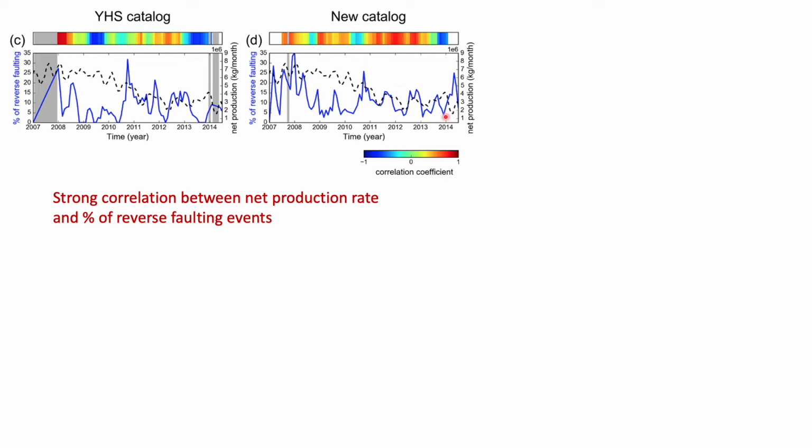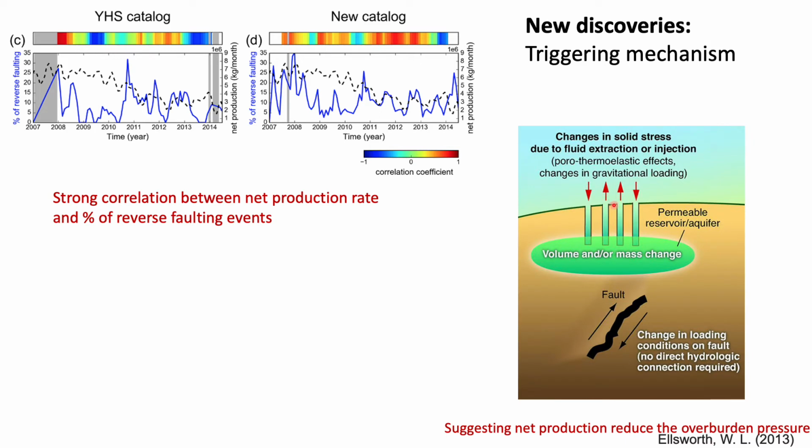The new catalog shows a strong correlation between net production rates and the percentage of reverse faulting events, which suggests that the net production may reduce the overburden pressure and perturb the stress balance. Then the horizontal stress pushes the hanging wall to move up and generate reverse faulting events.